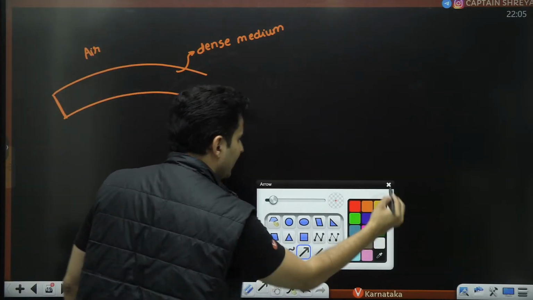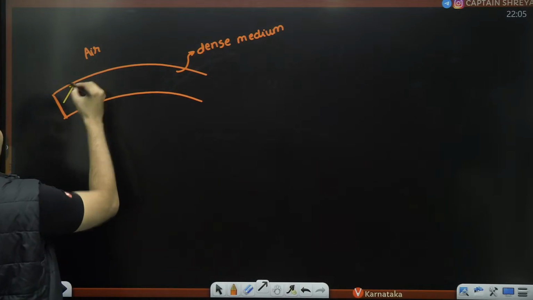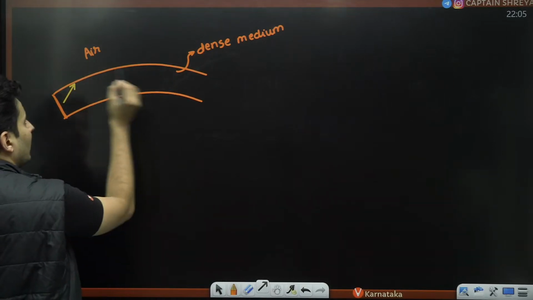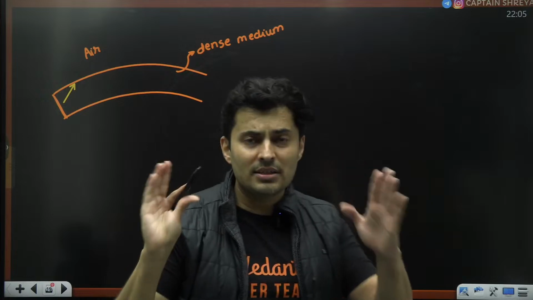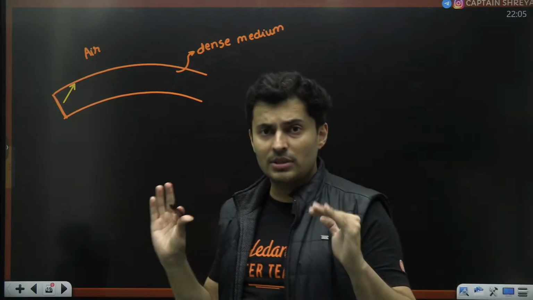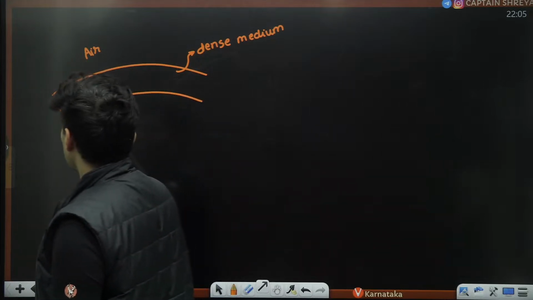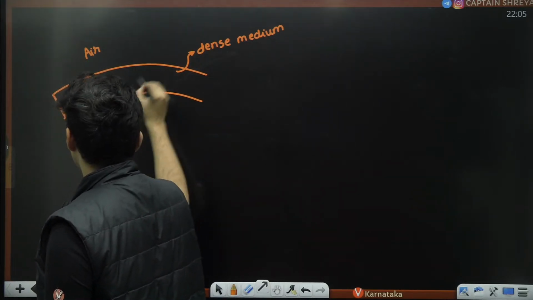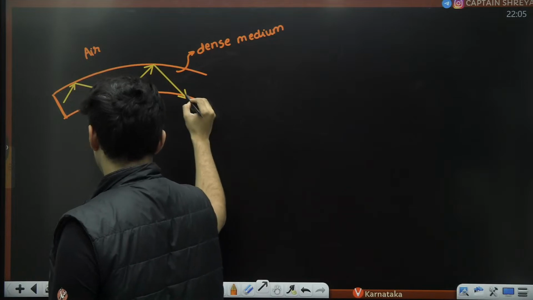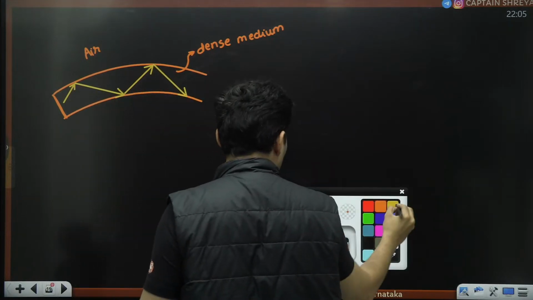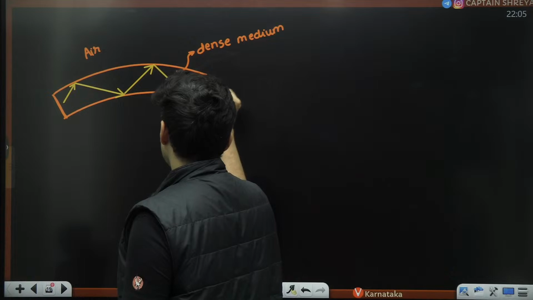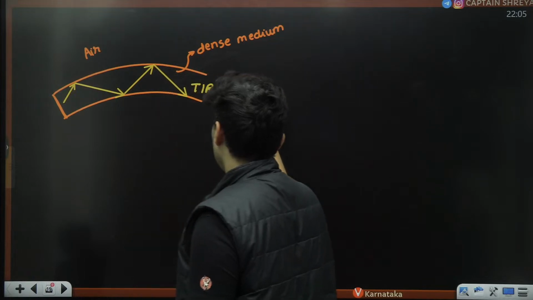Once the light is inside this particular fiber, the medium's refractive index is chosen in such a way that no matter what the angle is, it will never escape. So it will always get reflected internally. So total internal reflection in an optical fiber.